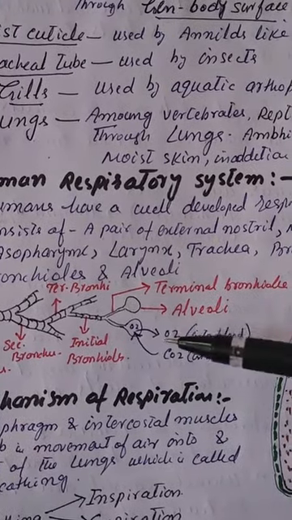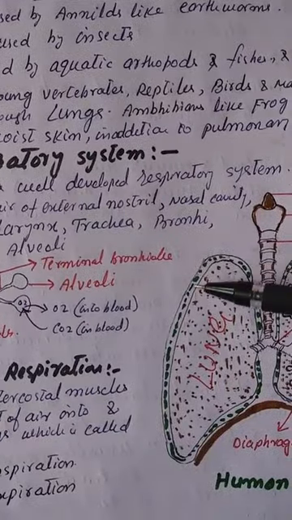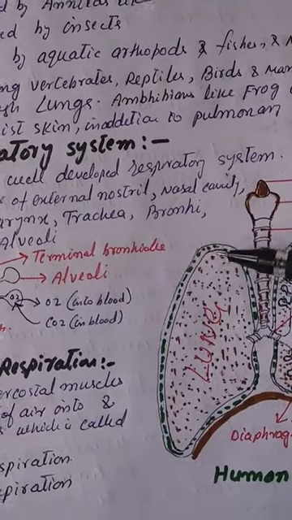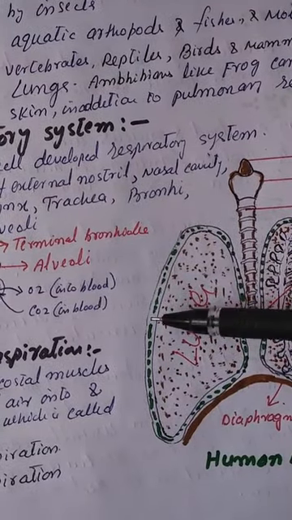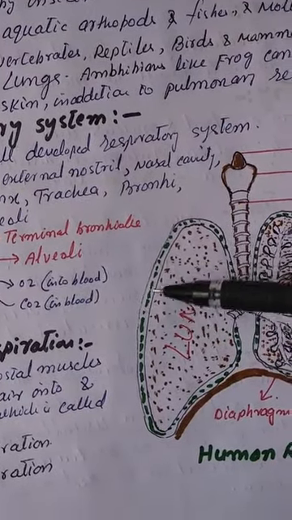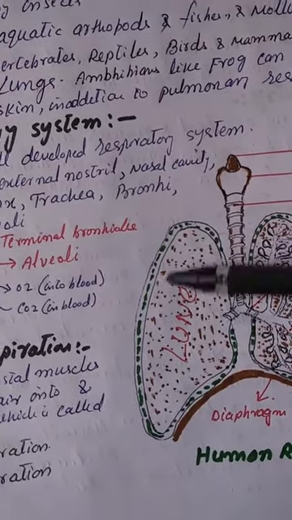Now the lungs are covered by a double-layered membrane known as the pleura, and this double-layered membrane encloses a pleural fluid. This pleural fluid prevents friction on the lungs.